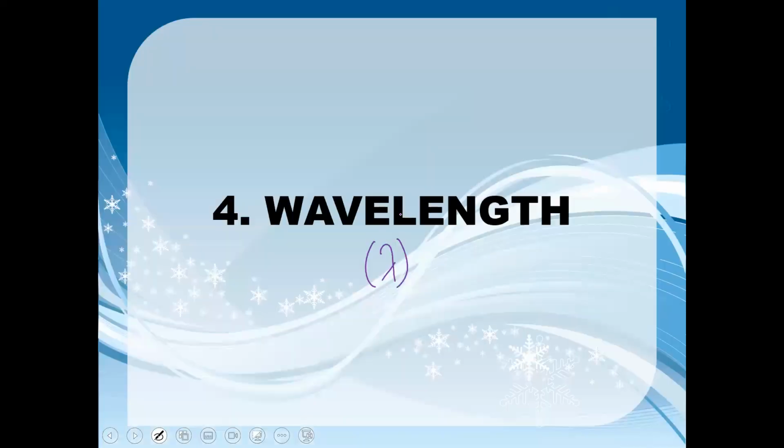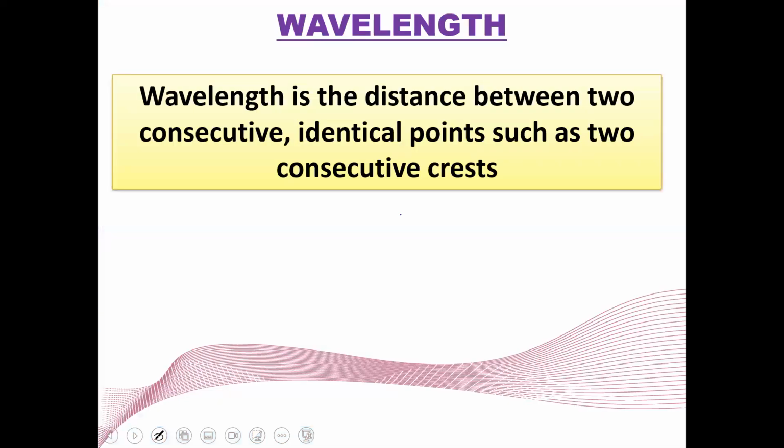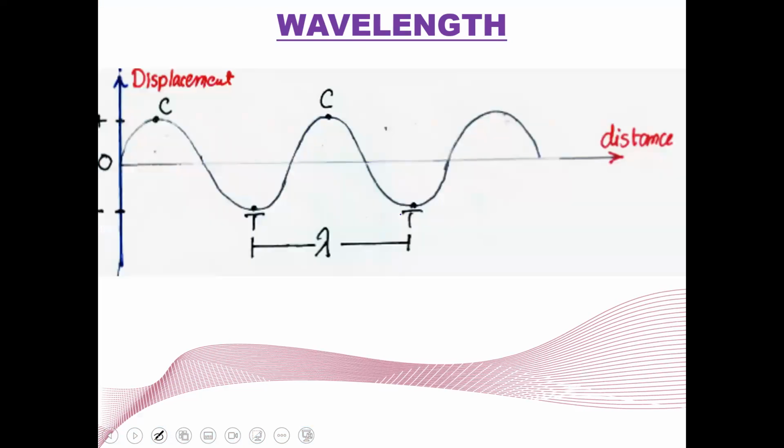Now, give a new heading, number 4, wavelength. Now, what is wavelength? Let's make our concept. When a wave is traveling, it is the distance between two consecutive crests or two consecutive troughs.